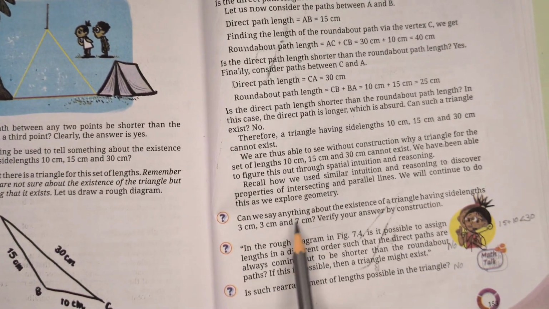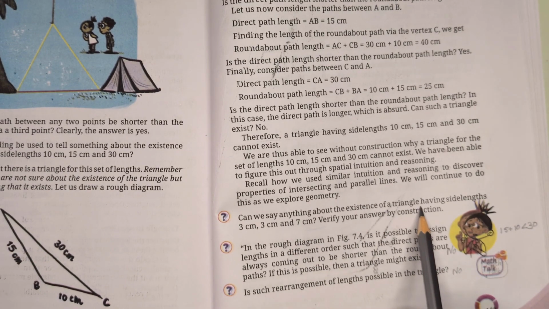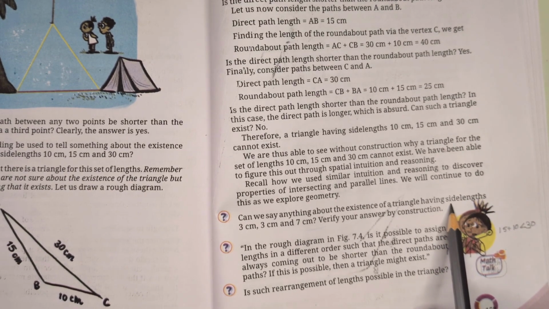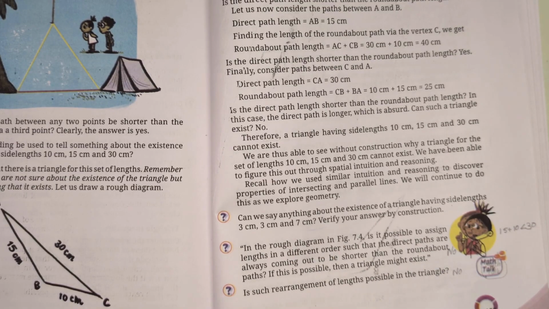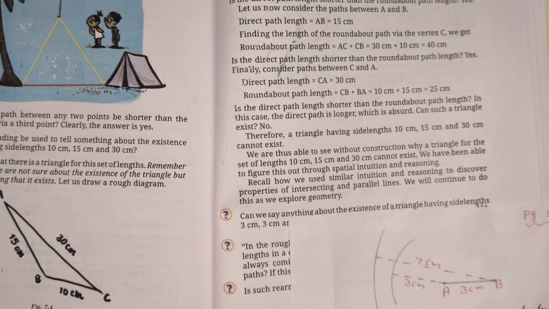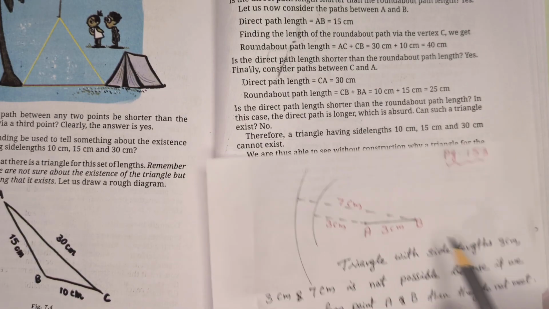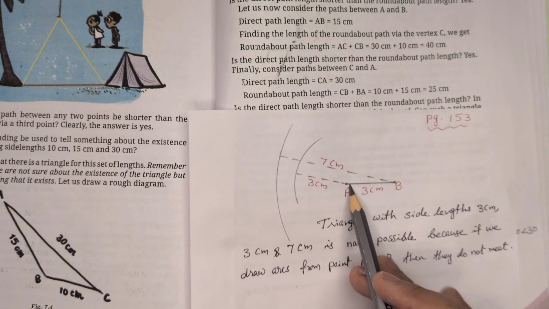Here on this page, can we say anything about the existence of a triangle having side lengths 3 centimeter, 3 centimeter and 7 centimeter? We can check how to construct that triangle. First we take 3 centimeter.